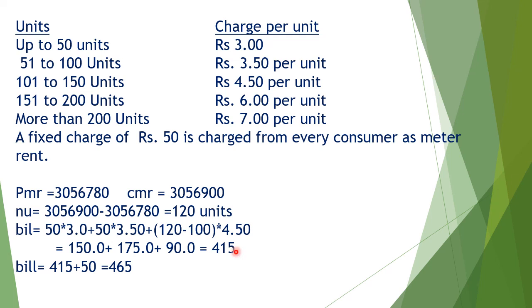Then along with this, the fixed rent of rupees 50 is added to the calculated bill, that is 415 plus 50 equals 465. So rupees 465 will be the total bill amount to be paid by the consumer in this example.